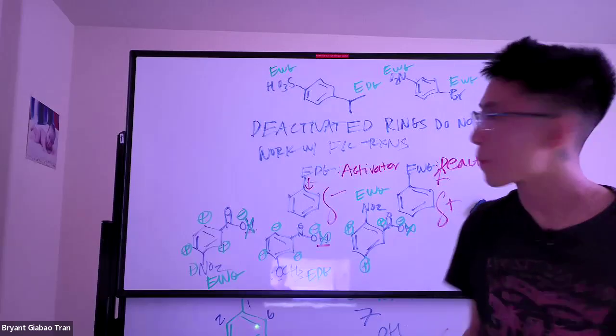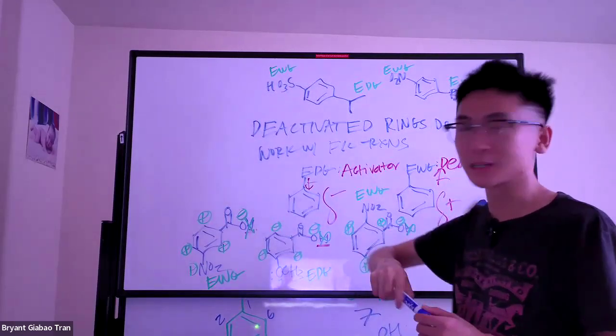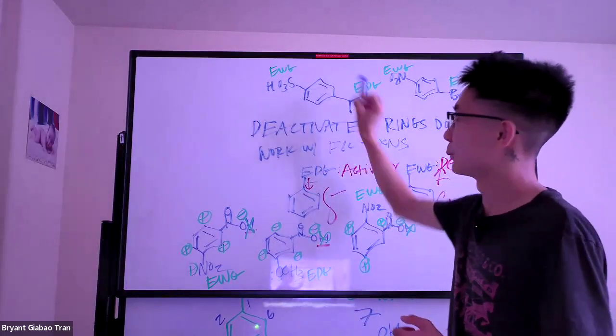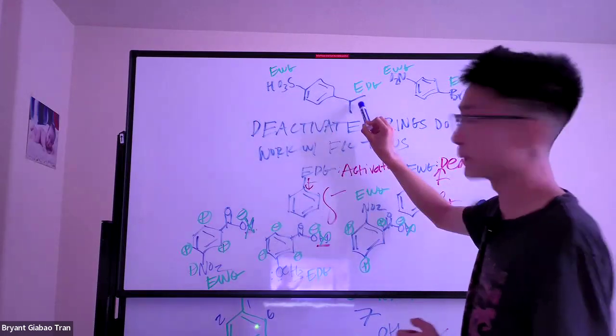So what if it's one EDG and one EWG, but the EWG is stronger than the EDG on the ranking? Yeah, that's the case for this example here. Before, when I taught OChem, I always thought that this would not work with Friedel-Crafts reaction because this is a stronger EWG than this weak EDG right here.